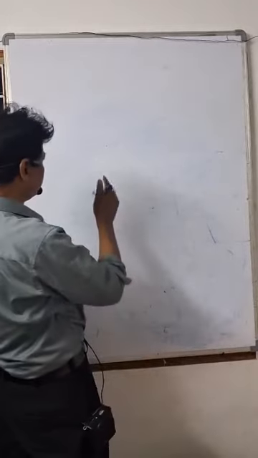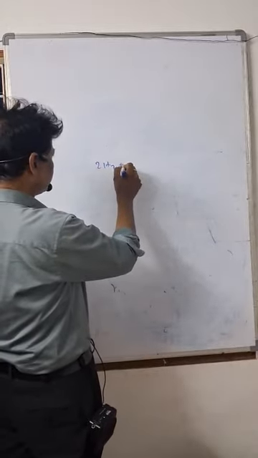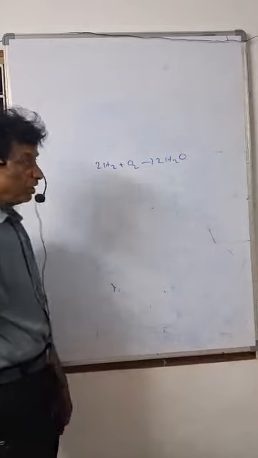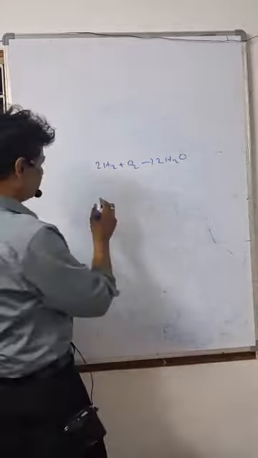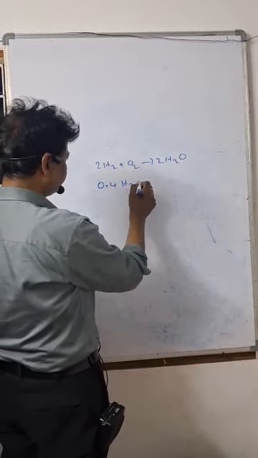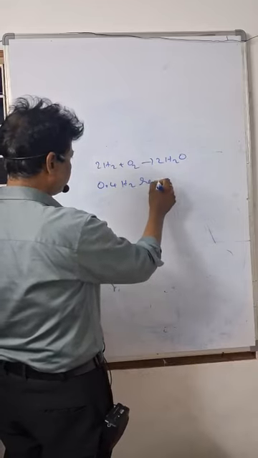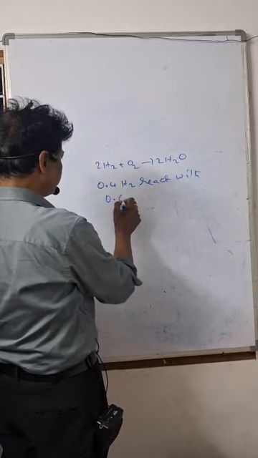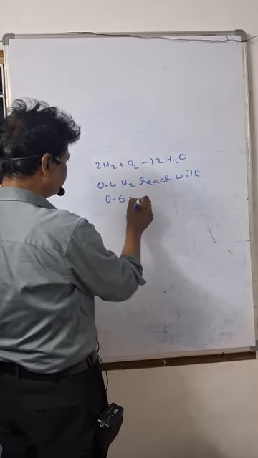I give a simple example: 2H2 plus O2 gives 2H2O, formation of water from hydrogen and oxygen. 0.4 moles of hydrogen react with 0.6 moles of oxygen.